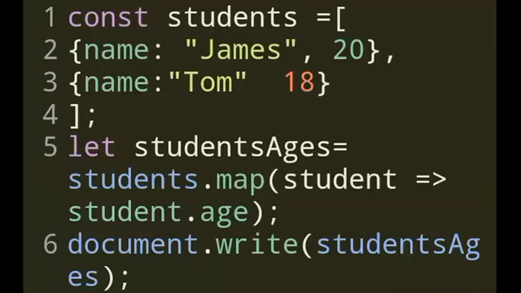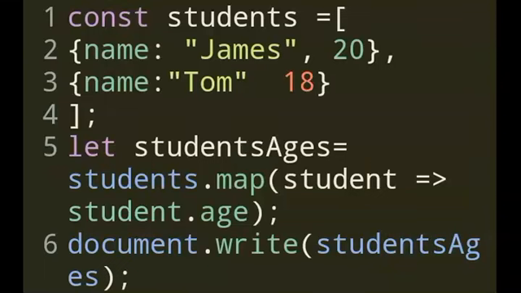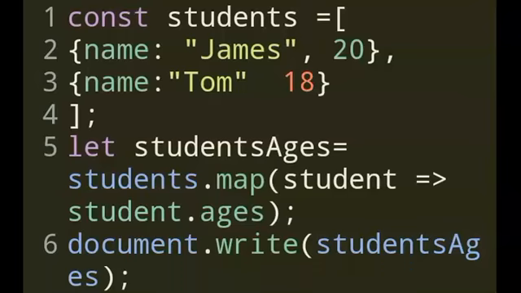Yeah. Okay, now what is the mistake here? Unexpected token. Oh no, this should be age.